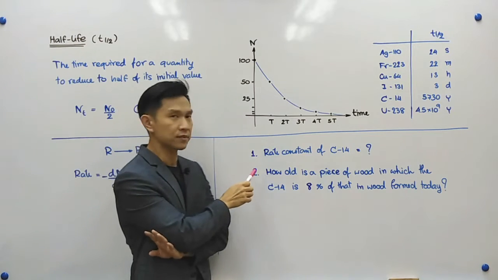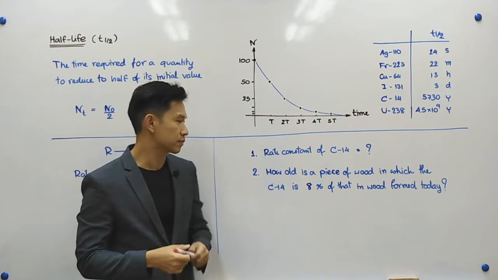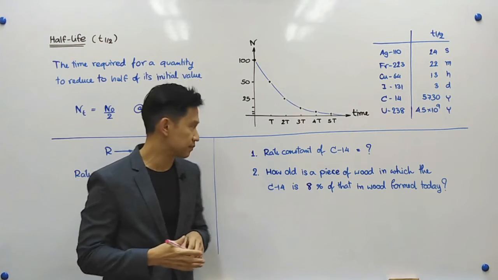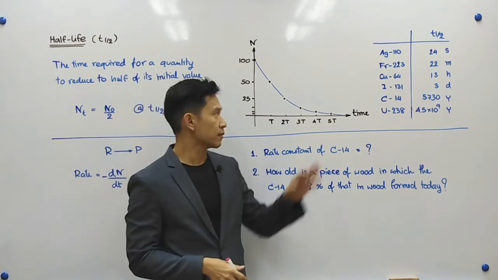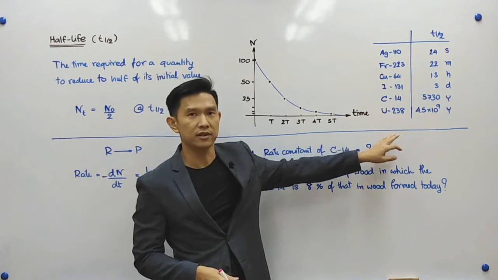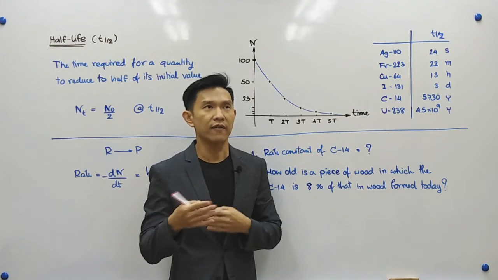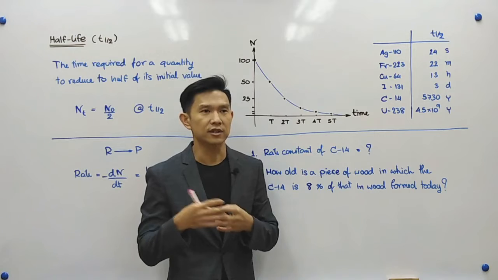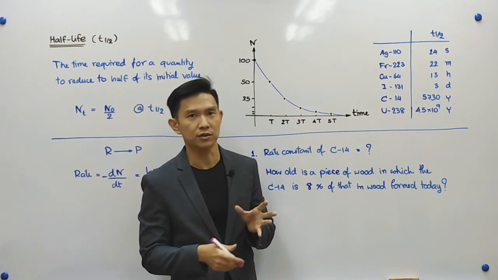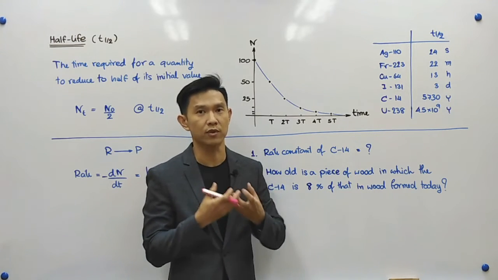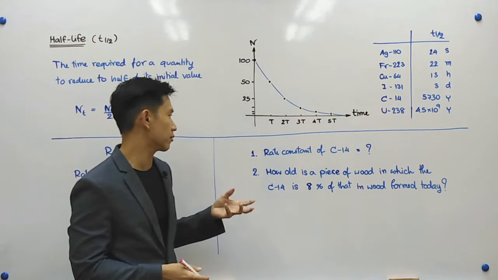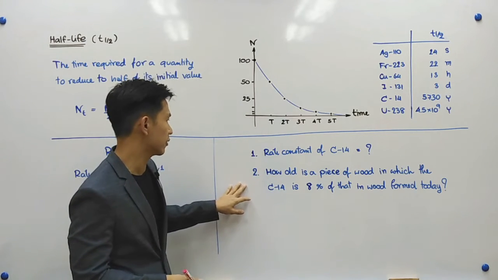After you have that, now come to the radiometric dating. As I said, carbon-14 and uranium-238 or any other element with a half-life that is suitable to the fossil or the piece of object that we want to know the age of, we can do radiometric dating by this kind of thing.